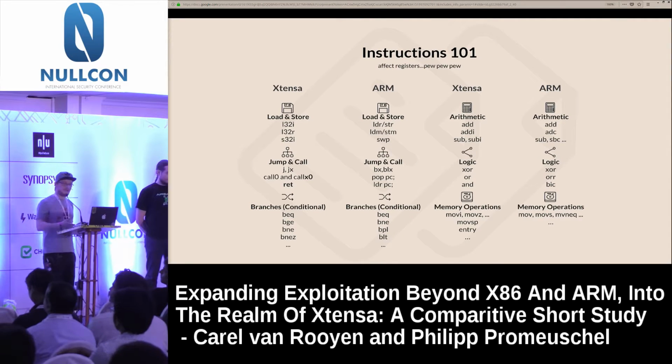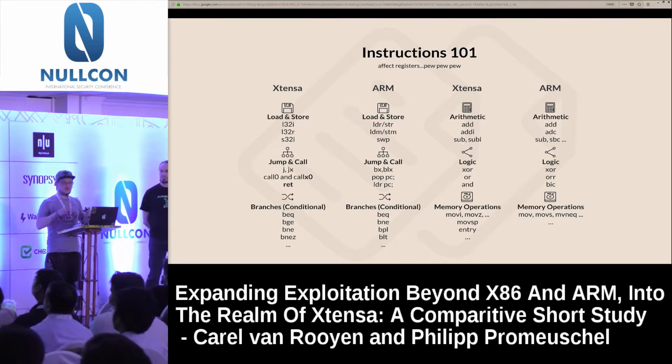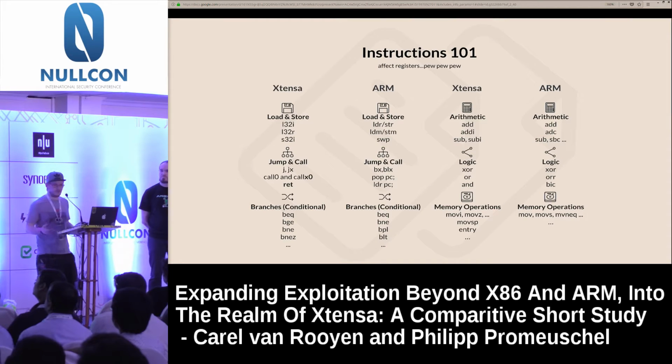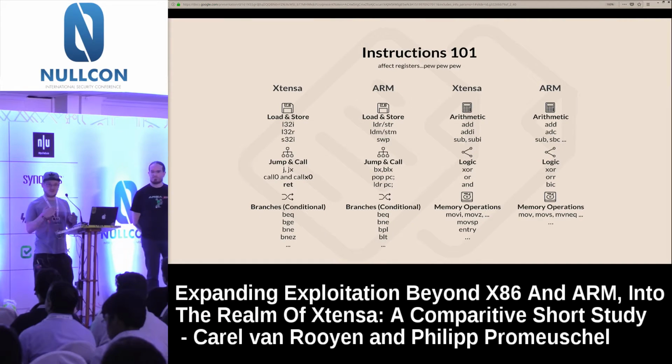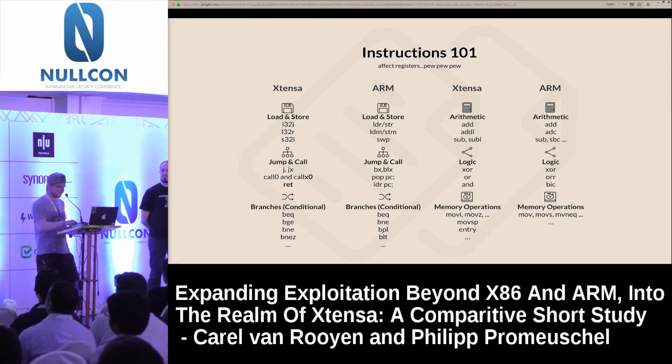There's no push and pop. So you have to take care of this. This is because they don't want you to use the stack. They want you to use registers. This is why they give you so many registers. And so we need to find gadgets which are using registers as the stack and adjust the pointer in these registers.